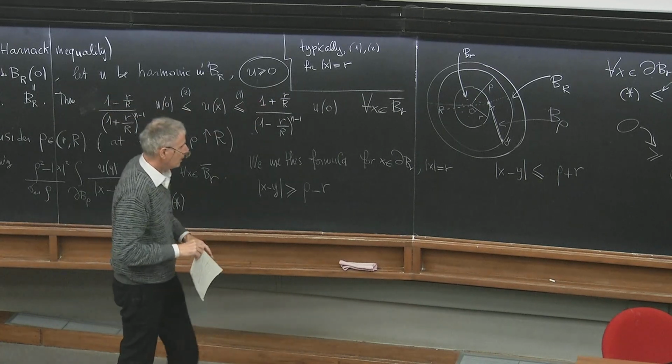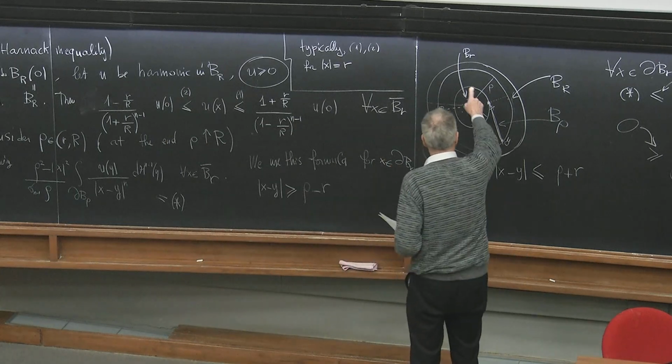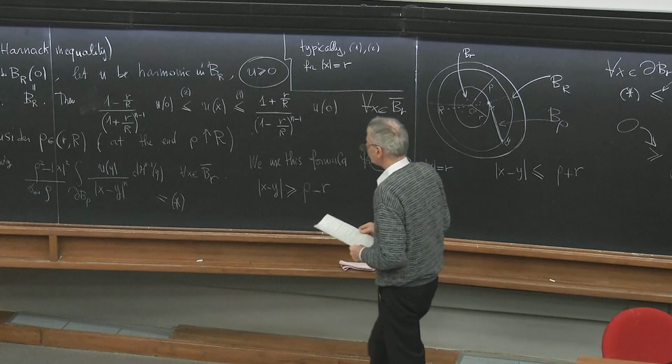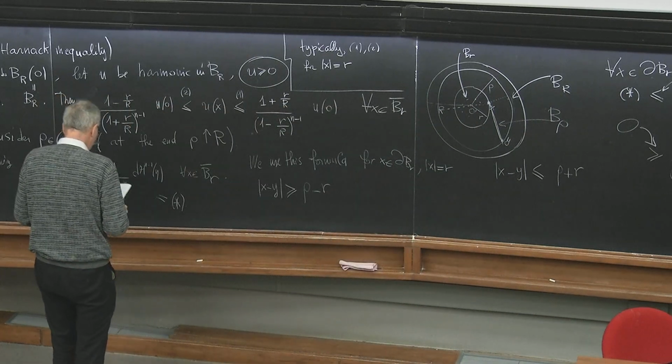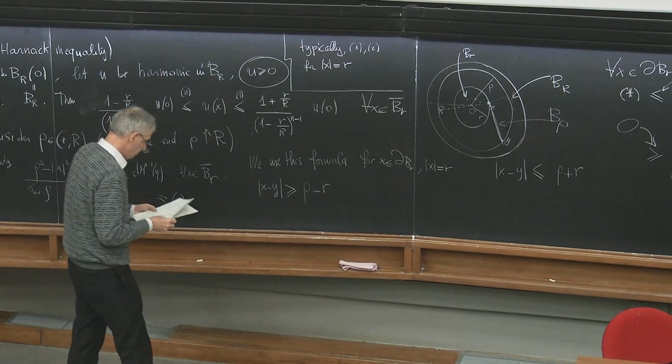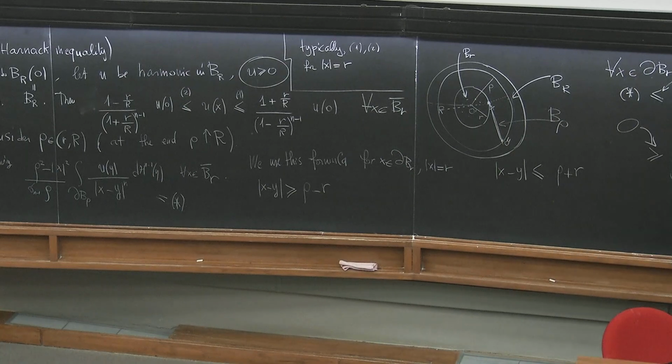Okay. So this is an estimate in an interior ball. Let's see now other ways. There is already an important corollary, actually.